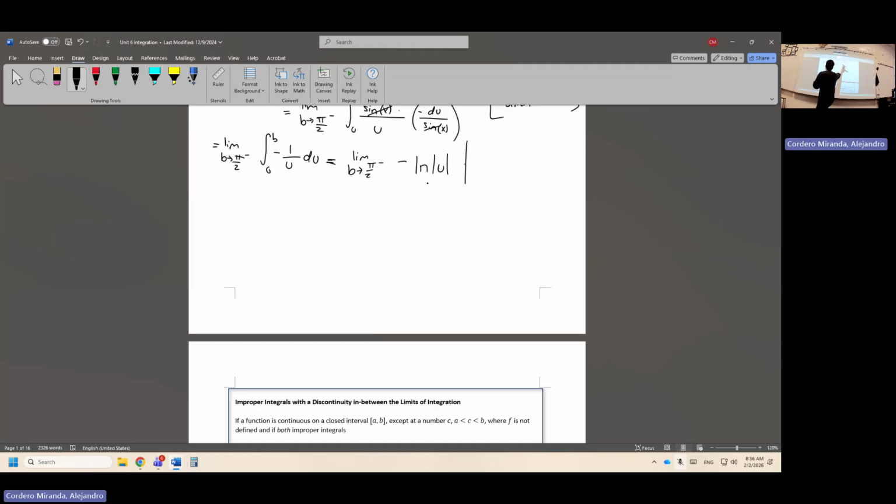But let me change that u back to a cosine before I write that. Technically I should change these bounds to start with. But since I didn't, I can salvage it by going back to cosine again, at b and at 0.